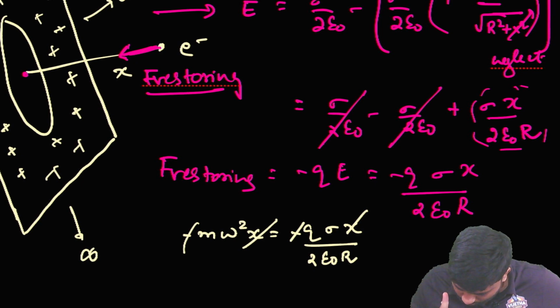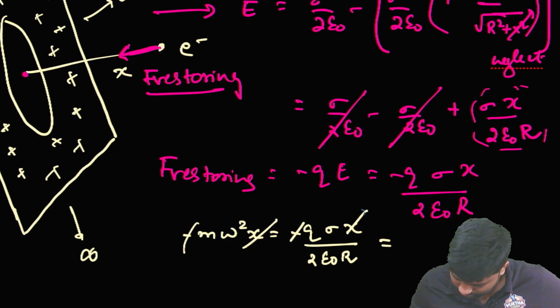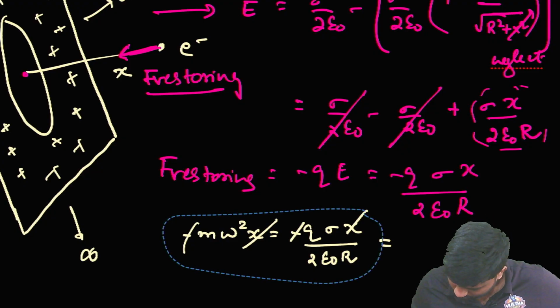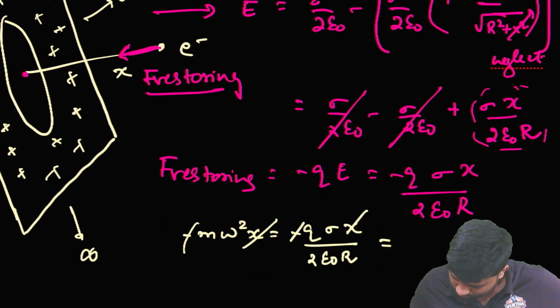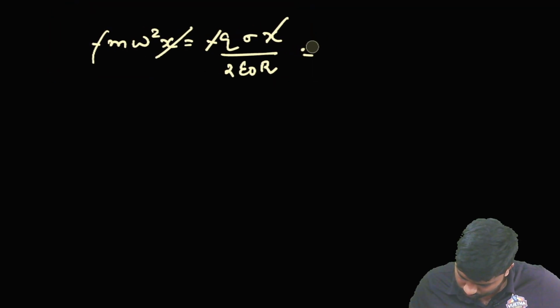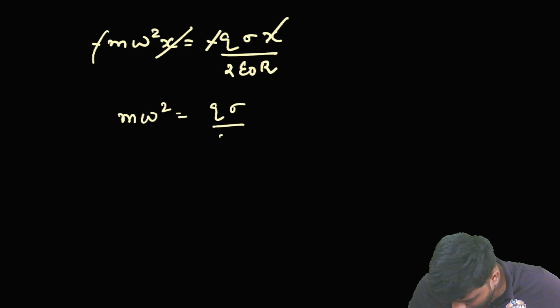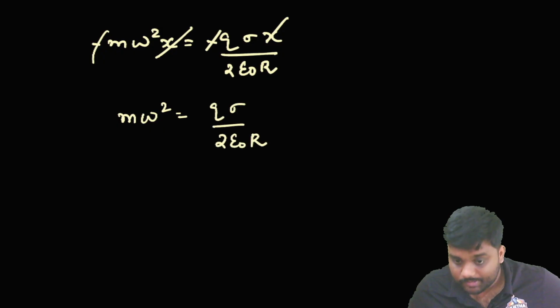Okay sir, I need to find out the time period. From here, I'll write on the next page. M omega square is equal to q sigma upon 2 epsilon naught r.